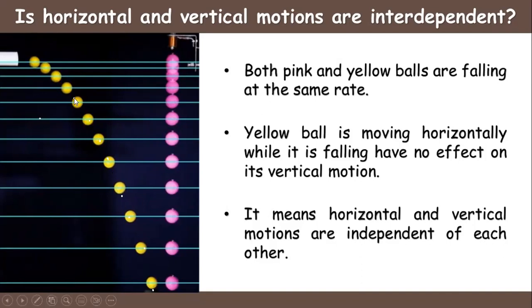When you look at it, you feel that the horizontal distances are different. No, they're not. If you draw vertical lines through the center of each ball, you will see that the horizontal distances between each consecutive two balls are the same. They're not different. But the vertical displacement between two consecutive balls is increasing.